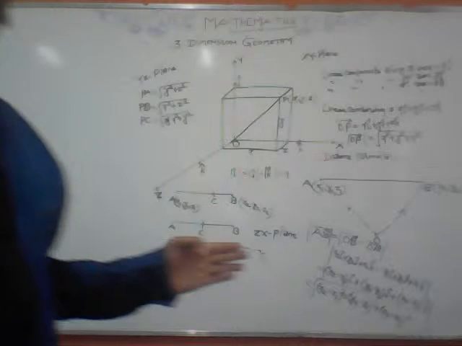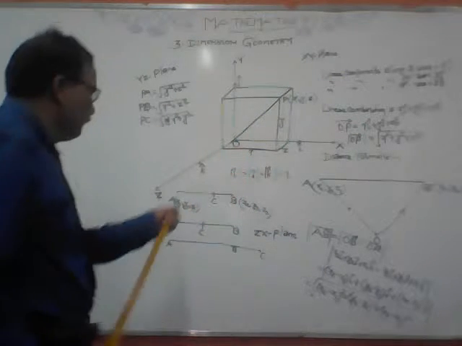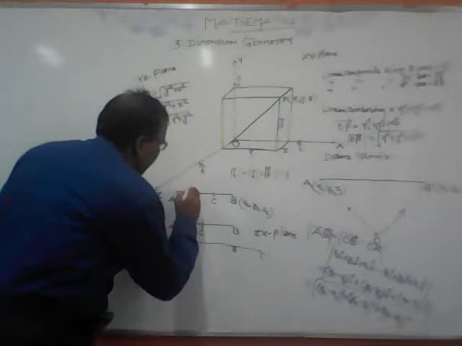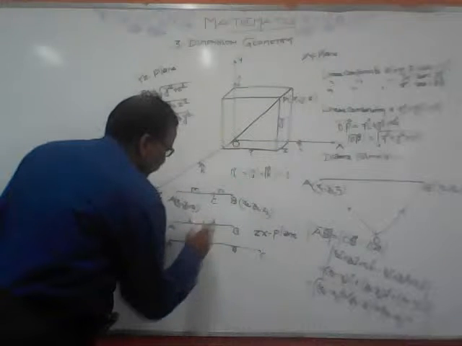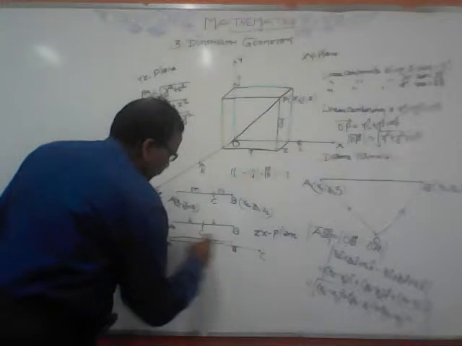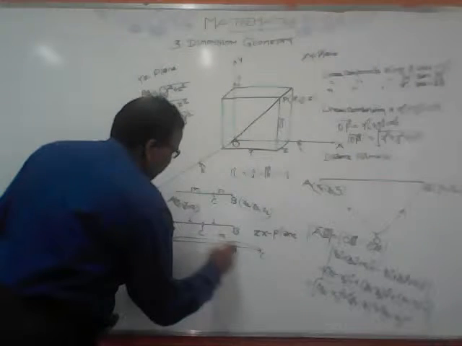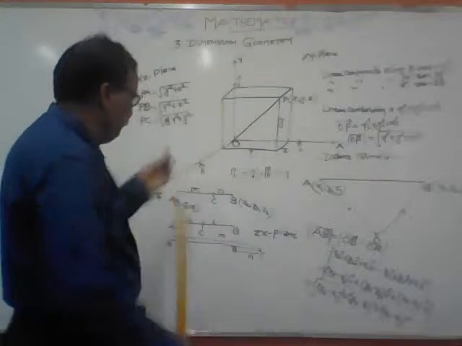Or the midpoint: suppose the ratio is m and n. Bisection means 1:1.